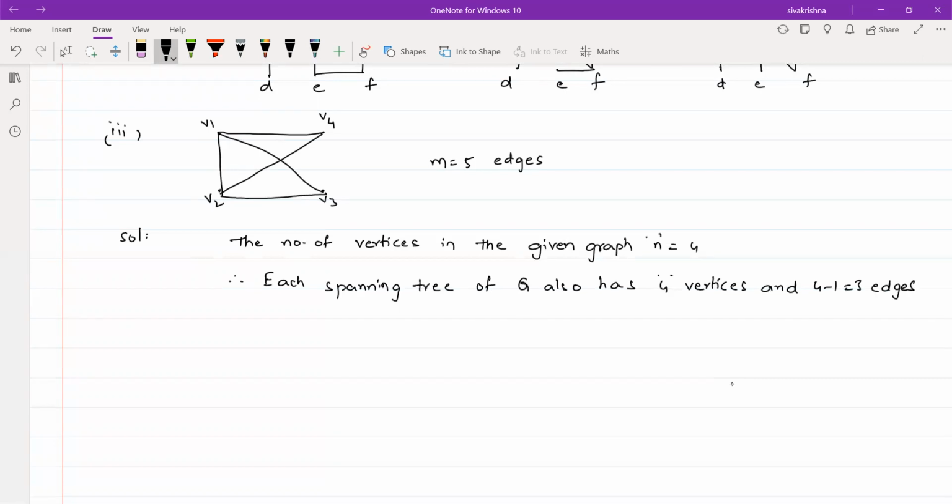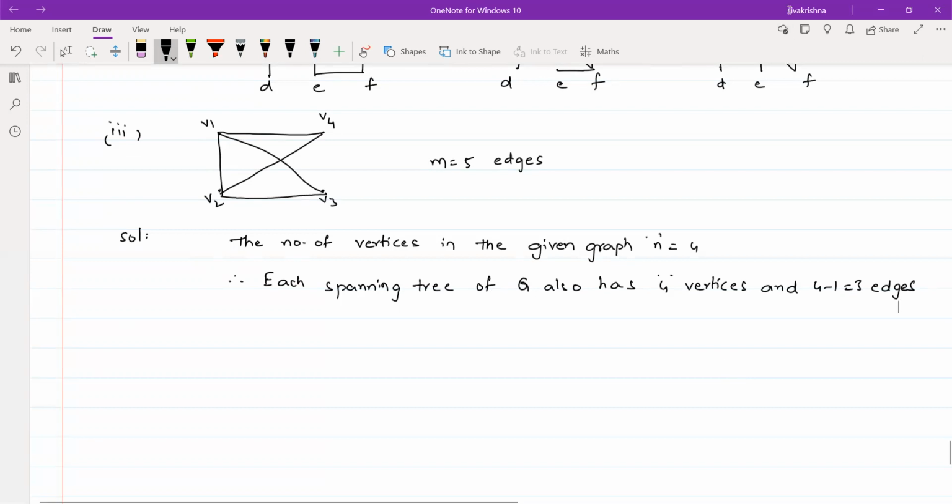The required spanning trees should also contain 4 vertices. Since the given graph has 4 vertices, each spanning tree of G also has 4 vertices and 4 minus 1 edges, that is 3 edges.